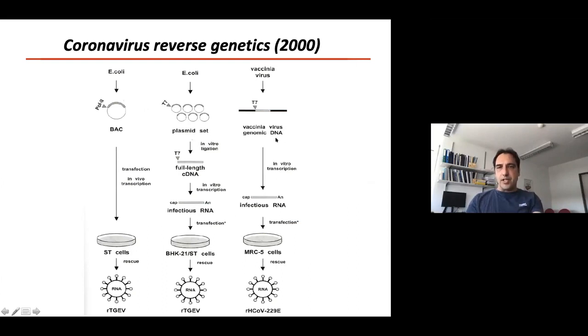And the vaccinia virus system also used the T7 RNA polymerase promoter to generate the infectious RNA that was then transfected into cells. So essentially, every system is quite unconventional compared to much easier systems in other smaller RNA virus families.